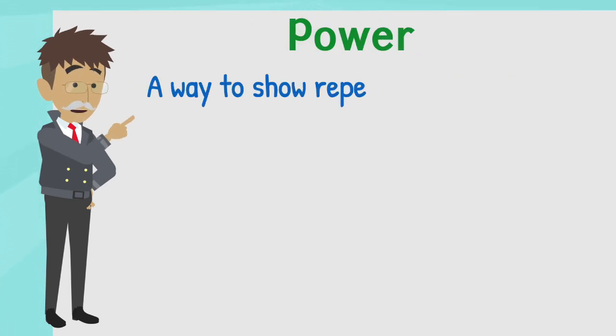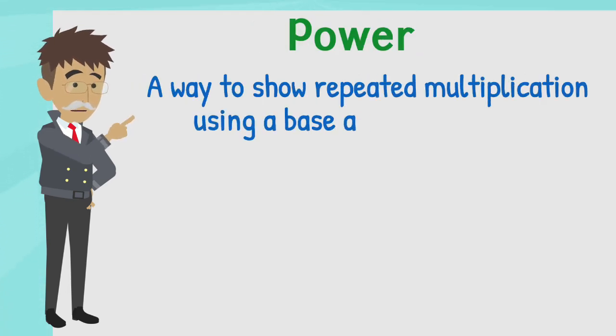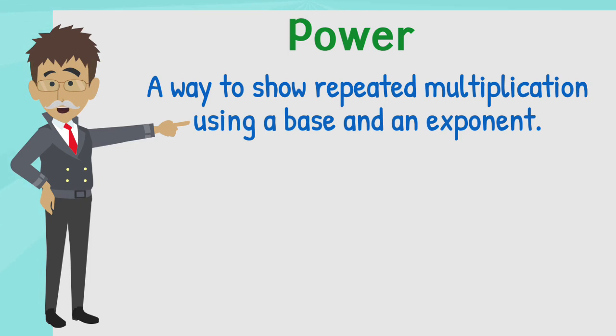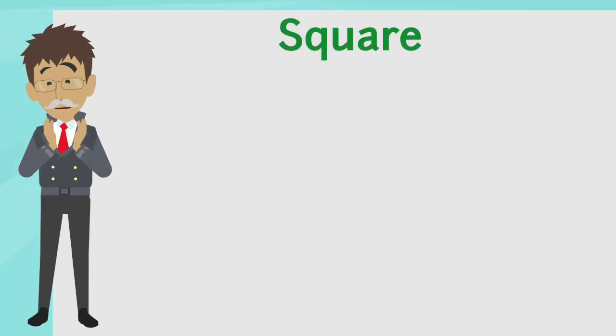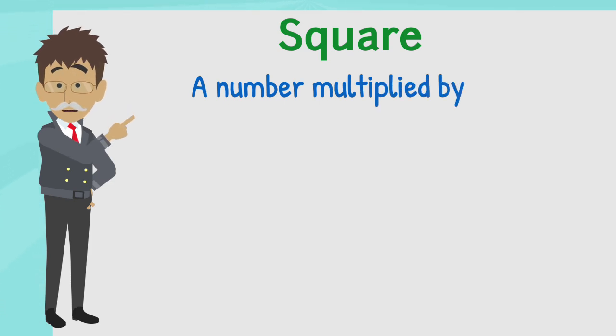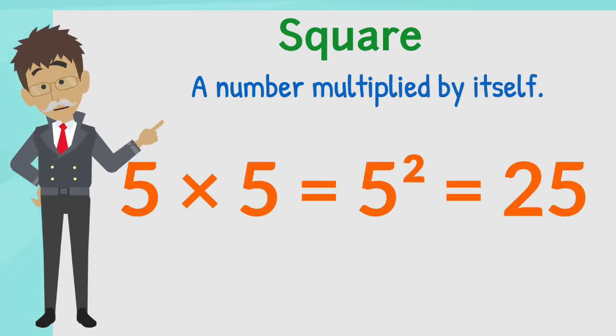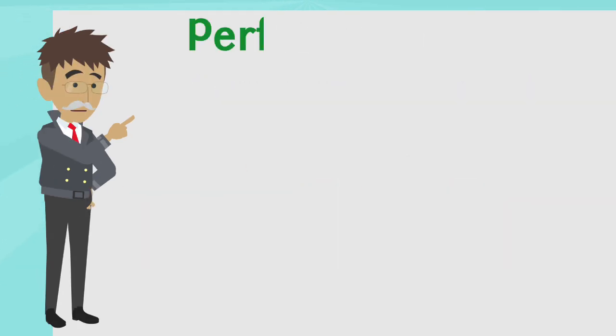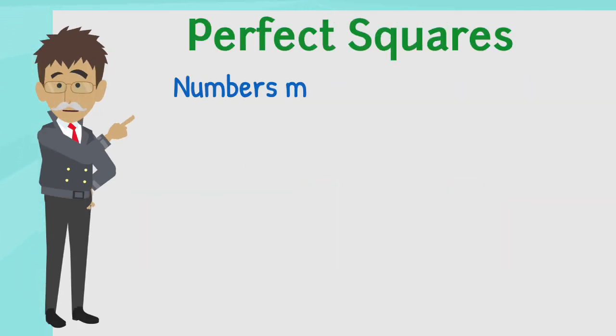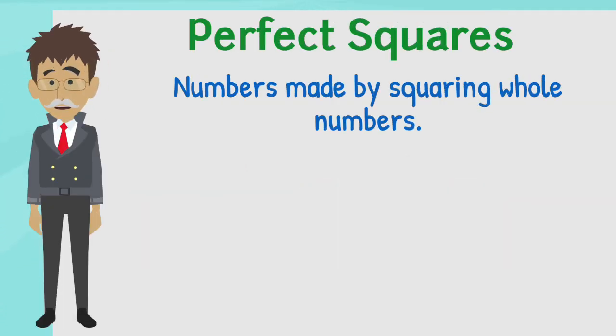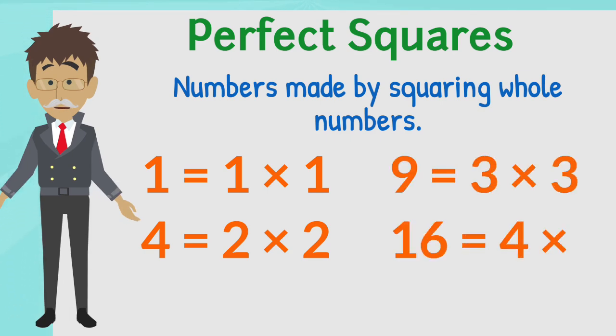A way to show repeated multiplication using a base and an exponent, such as 3 to the power of 2. Square. A number multiplied by itself, such as 5 times 5 equals 25. Perfect squares. Numbers made by squaring whole numbers, such as 1, 4, 9, and 16.